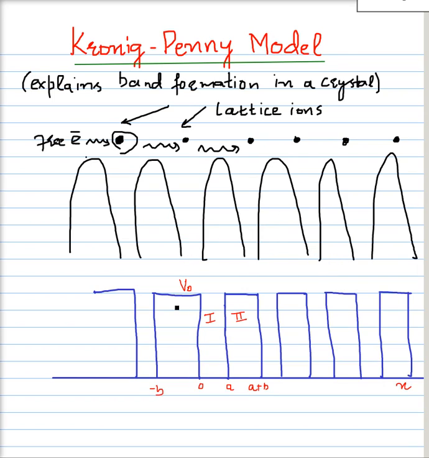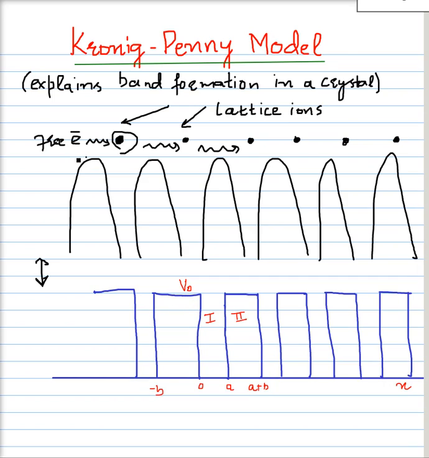Now, we can use a simplified mathematical representation, as shown in the other figure marked in blue, as a train of potential wells. That is, we can have a spacing where there is no potential, and then potentials with a value of V0.